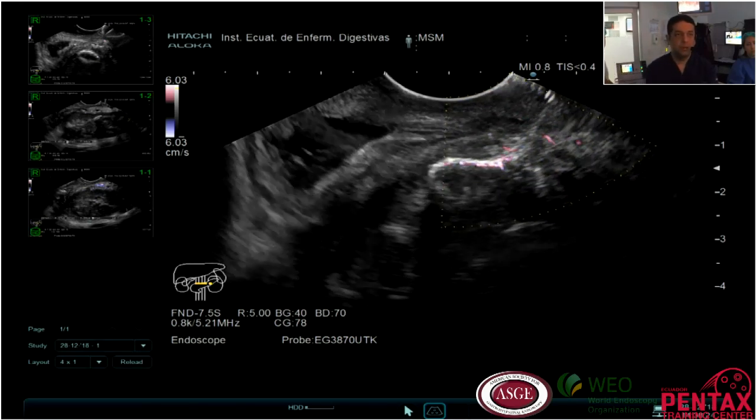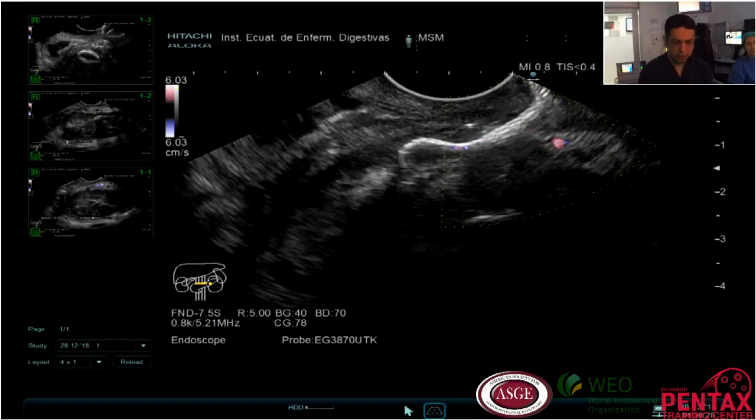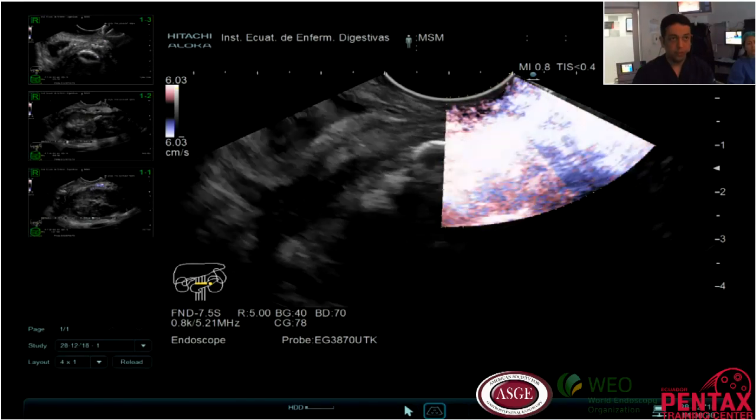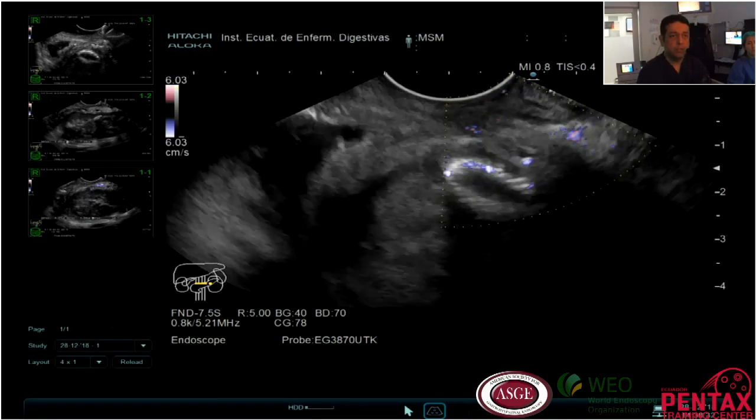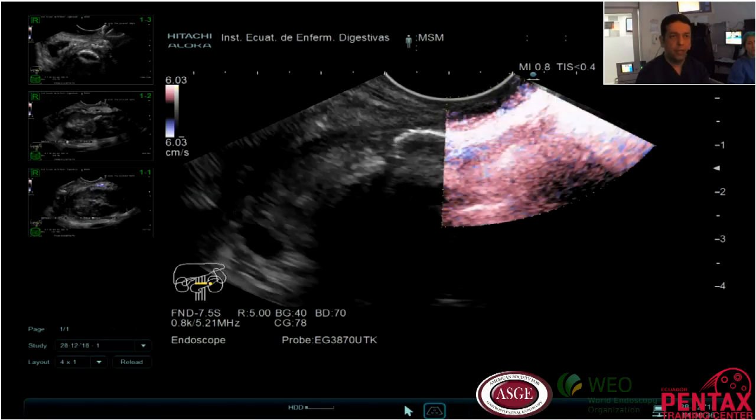So we finish now. This is the first part of the treatment of this patient. It is the most important situation now. This patient will feel better in a few days.